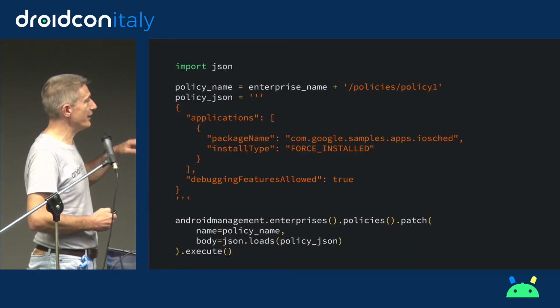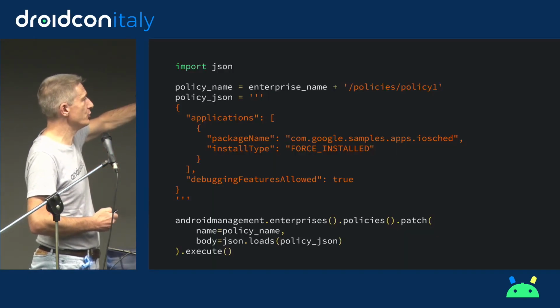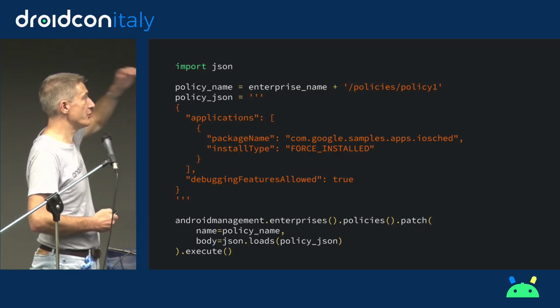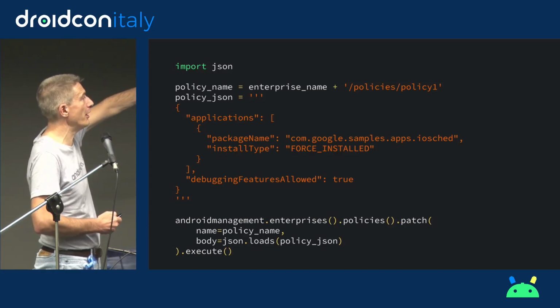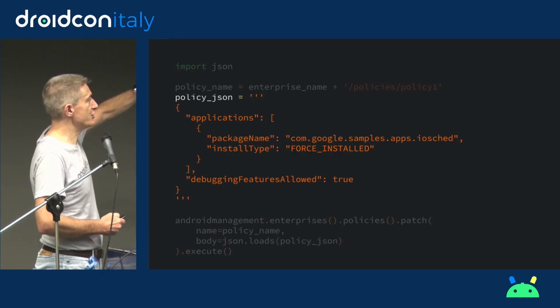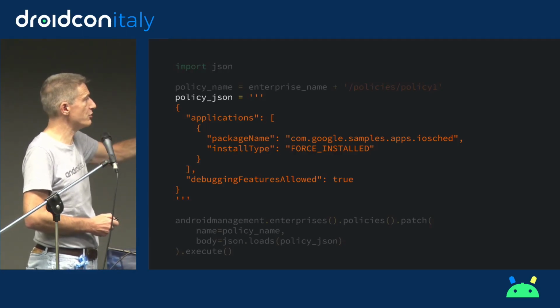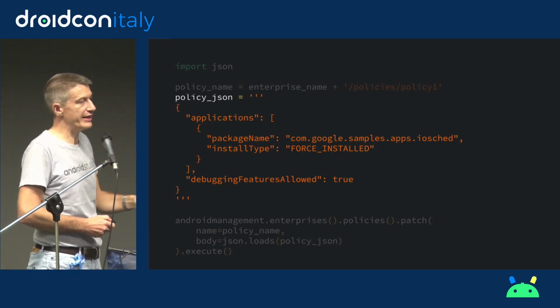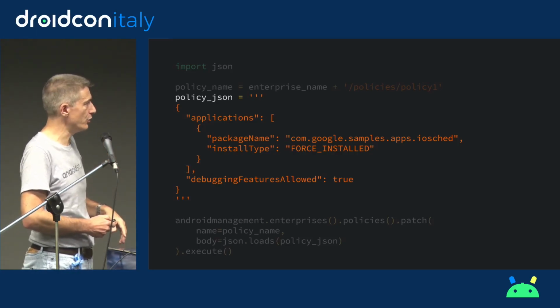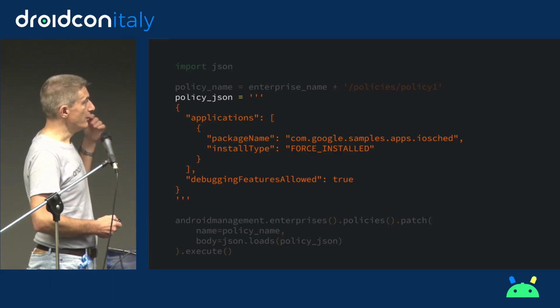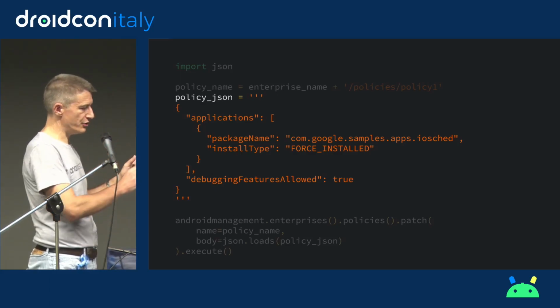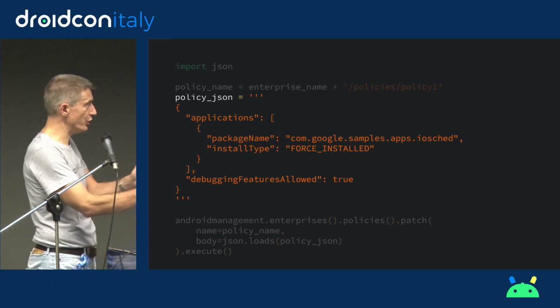The kind of messages that you are going to send to this API is JSON. So in this case, this is a sample policy that is just saying that I want to force install on the device the iOS CAD sample from Google. So defining the enterprise name, so it's specifically linked to your enterprise.